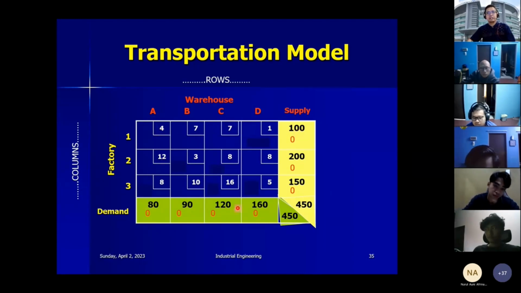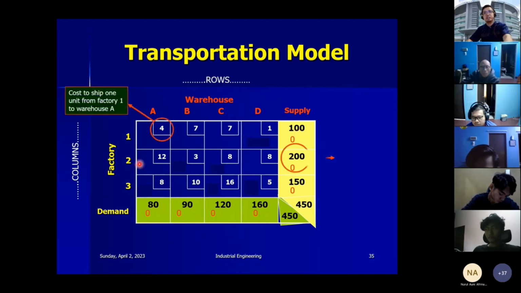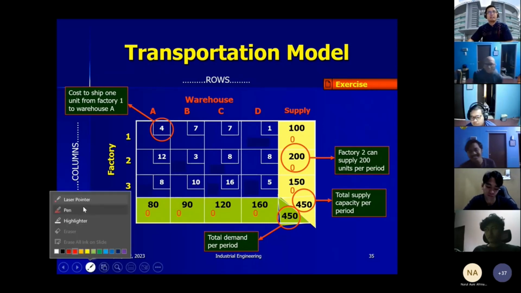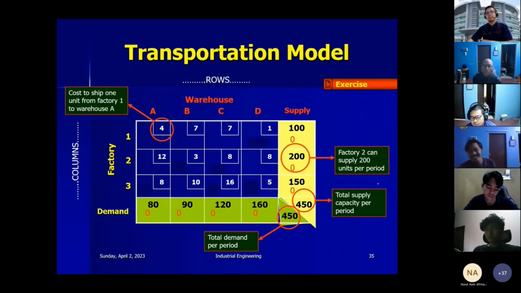In any examination, they will give you these things. First, look at this table and understand how the table for the transportation model looks like.